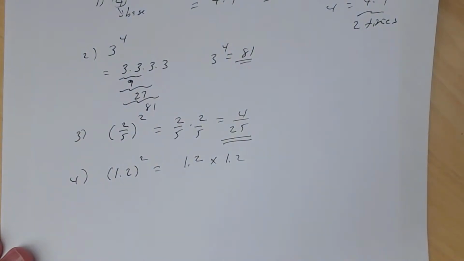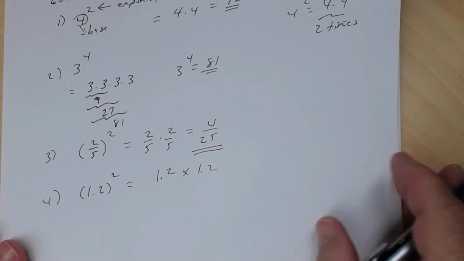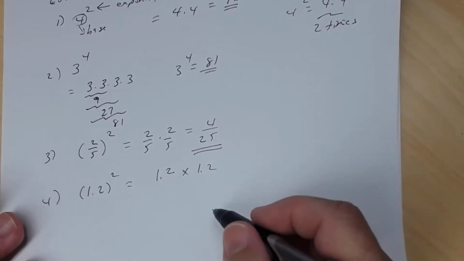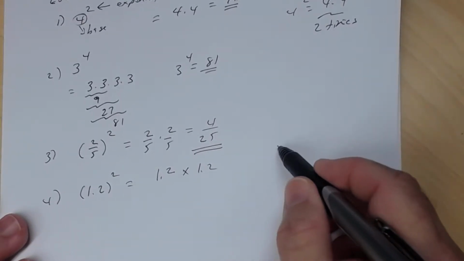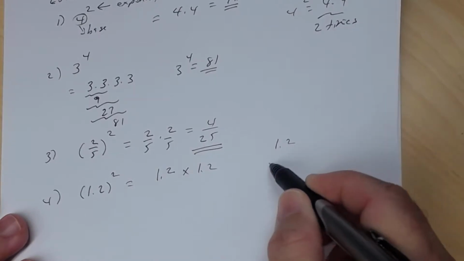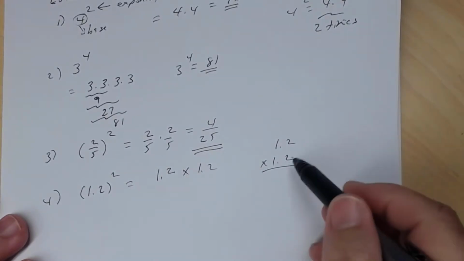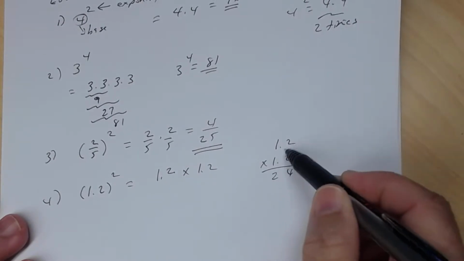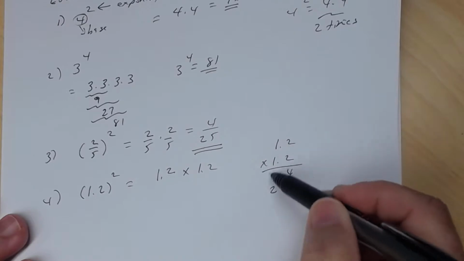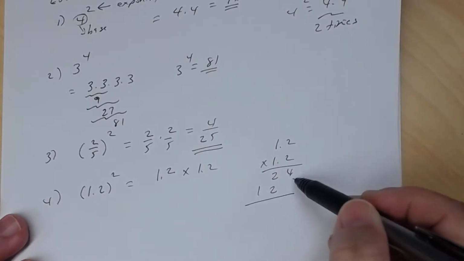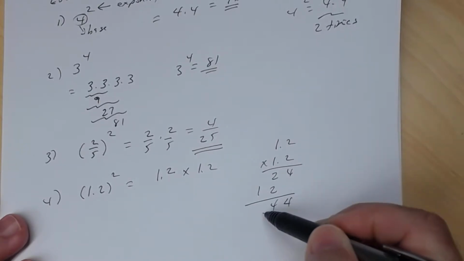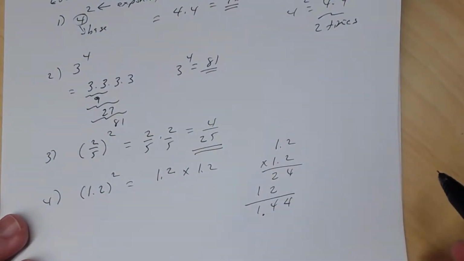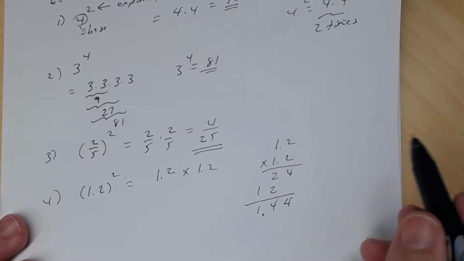Using a calculator, you just multiply that out and you get it very easily. But if you don't have access to a calculator, remember how you do this. 1.2 times 1.2. So 2 times 2 is 4. 2 times 1 is 2. 1 times 2 is 2. And then 1 times 1 is 1. Then you add those digits. So you get 144, with 2 decimal places. So the answer is 1.44, or 1 44 hundredths.